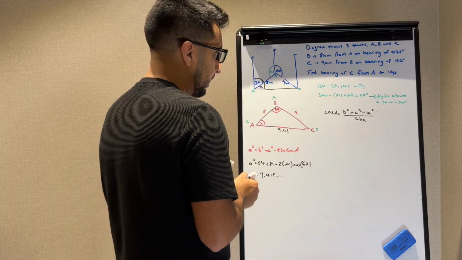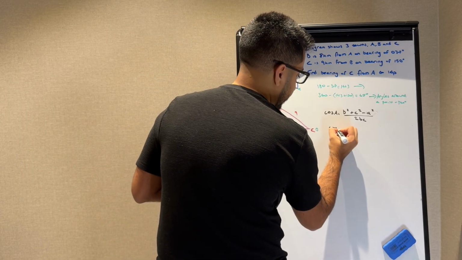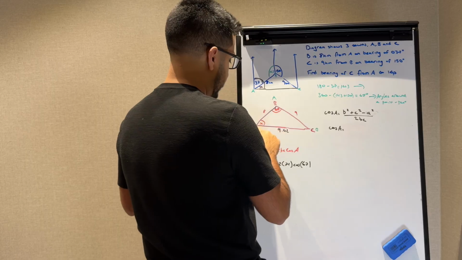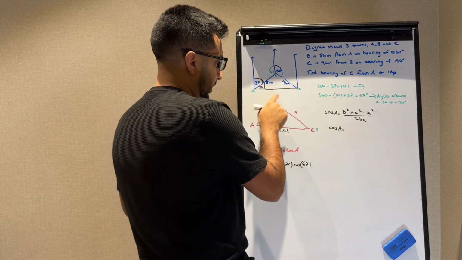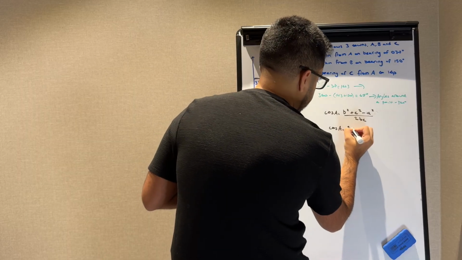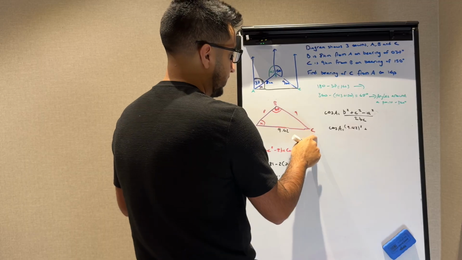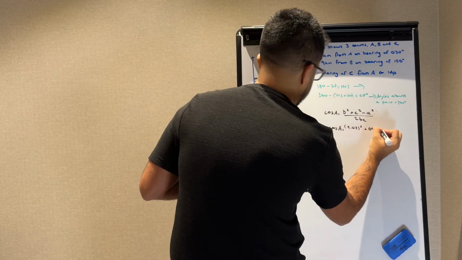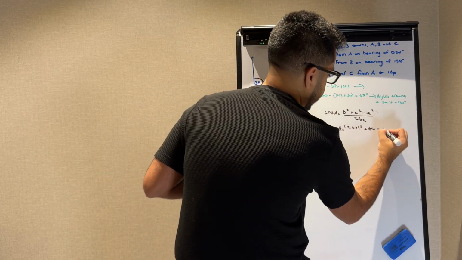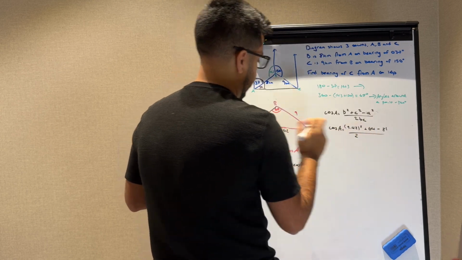Whatever works best for you. But let's start substituting. So cos A is here, b squared, so we're going back to our original diagram, so we can just swap these out. B squared is 9.42 squared plus c squared is 64 minus a squared is 81 over 2 times b times c.